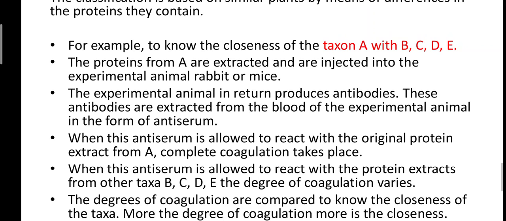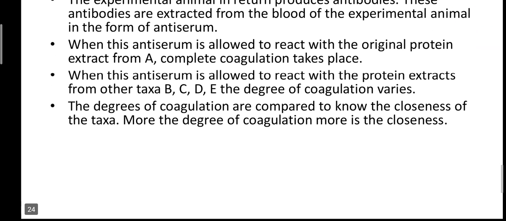When this antiserum is allowed to react with the original protein extract from A, complete coagulation takes place. When this antiserum is allowed to react with protein extracts from other taxa B, C, D, E, the degree of coagulation varies. The degrees of coagulation are compared to know the closeness of the taxa. The greater the degree of coagulation, the greater the closeness.